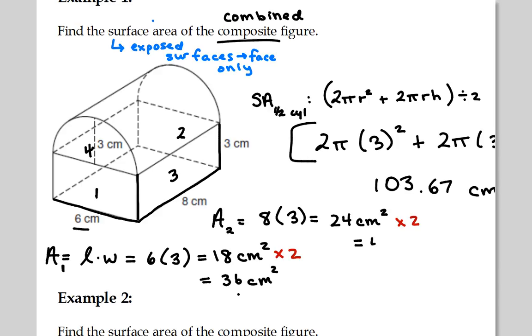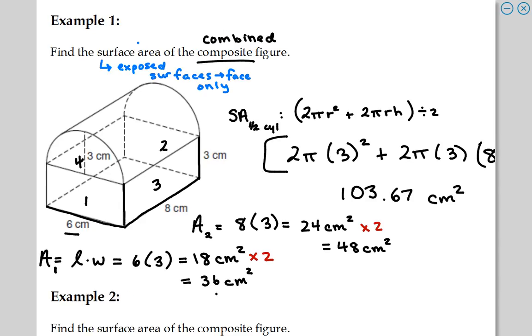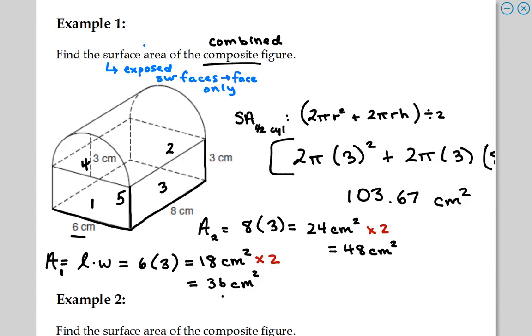Because there's 2 of them. All right. Do I need to do the bottom? Yeah. If you were to hold the object up in the air and look underneath, that surface would be there. So we need to do the bottom surface. What is the dimensions of the bottom surface? 6 by 8. Let's call that area 3. 6 by 8 is 48.